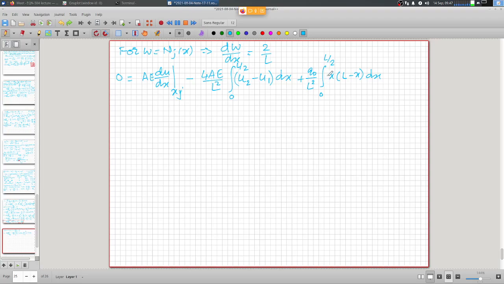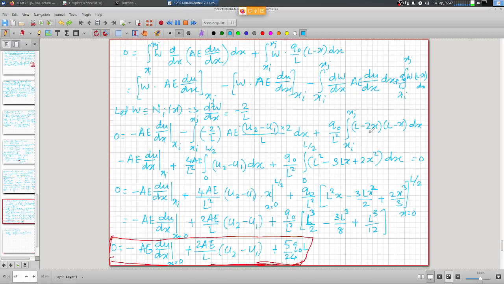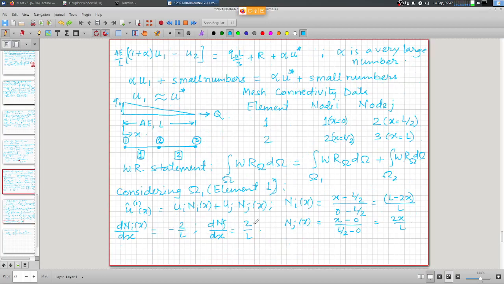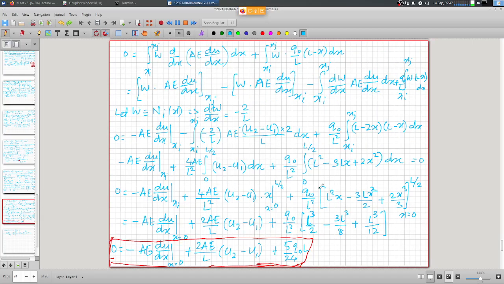Is that 2x? Isn't it? What is Nj? Nj is 2x by L. So when we multiply here 2x by L, that would be q naught by L square multiplied by 2x, 2x multiplied by L minus x.